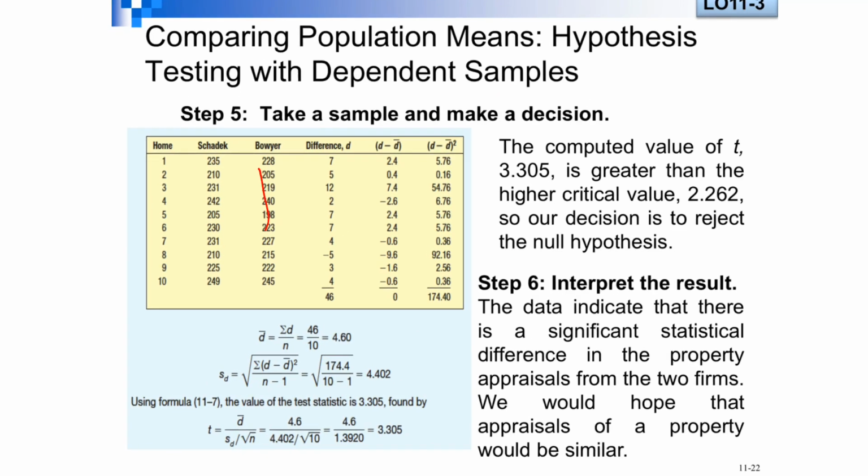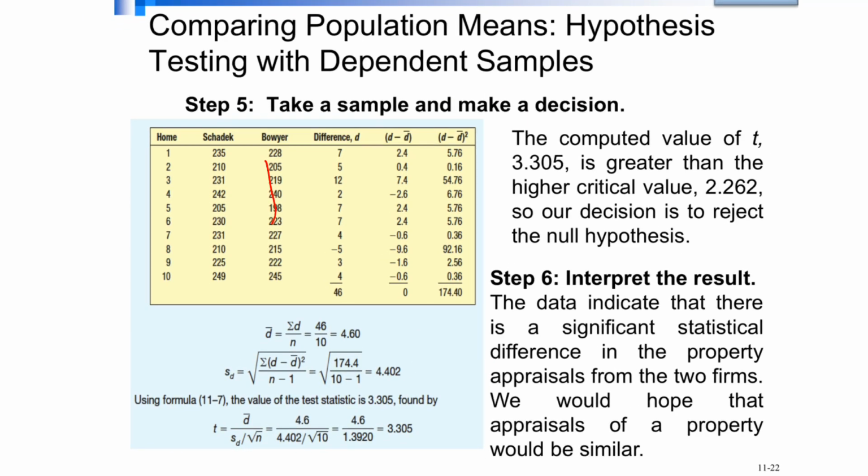So after that, next step, you have to decide. Now you have to compare the value that you get from the table and the value that you get from the formula. Exactly the same thing happened. So when you compare, now you have to decide whether the value that you get from the formula is in the rejection area or in the acceptance area.